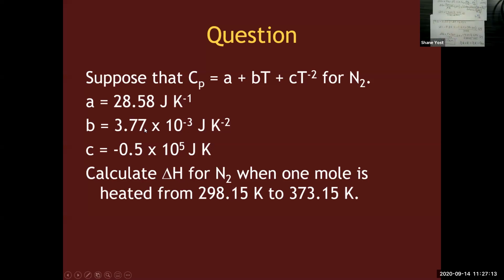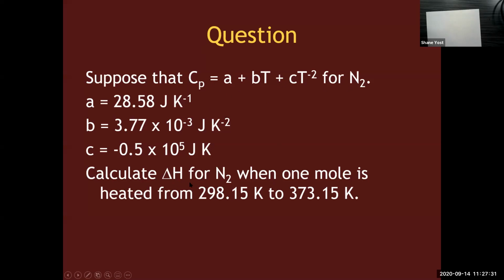All right, since we can, I'm going to just have us talk about the question we didn't get to last time, which was, suppose we have a temperature-dependent heat capacity.